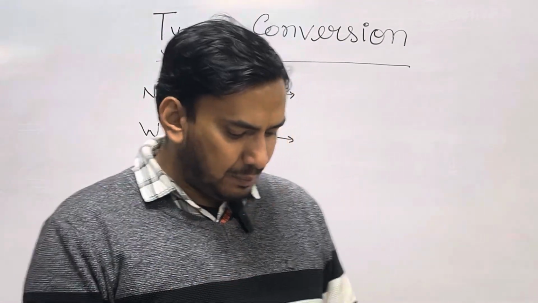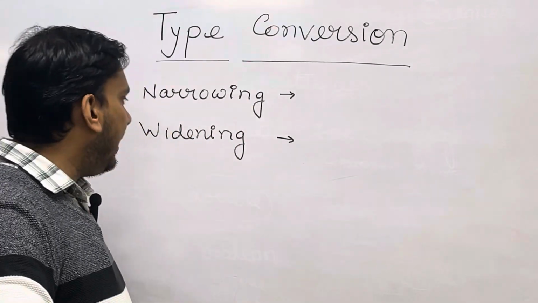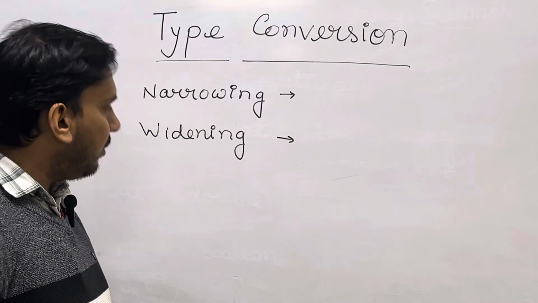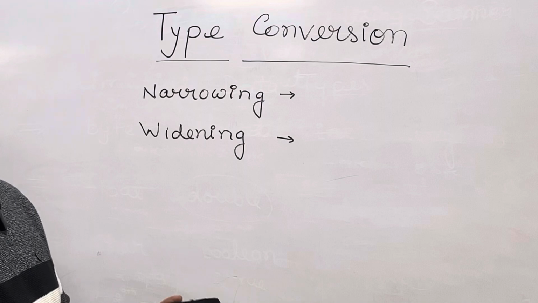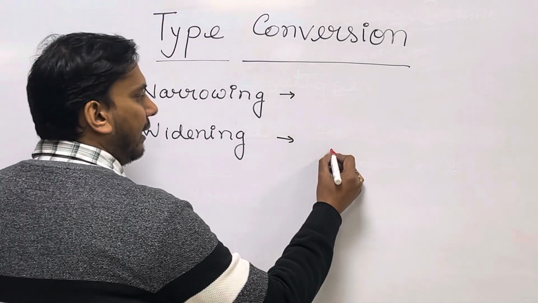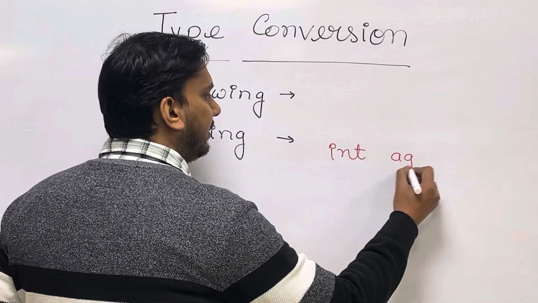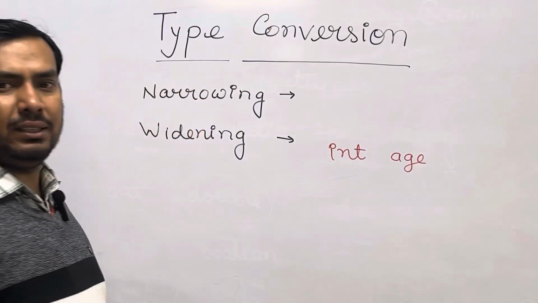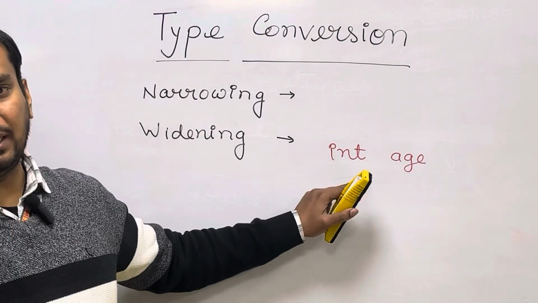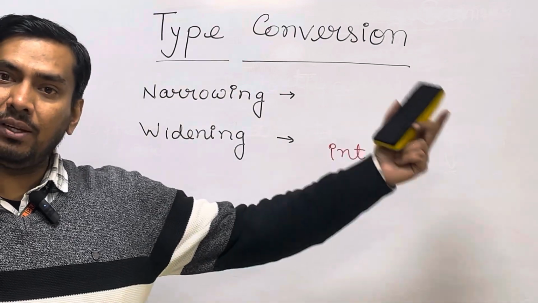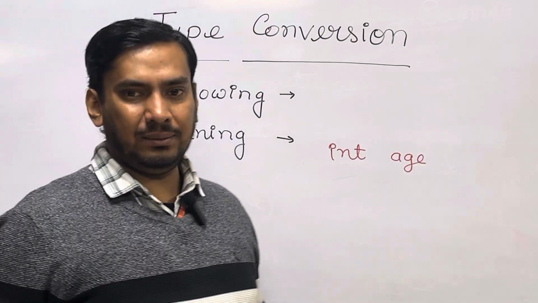For example, let's say I have created a variable of int type, and I want to store the age. Generally everybody stores the age in an int type, but int is of very large size.